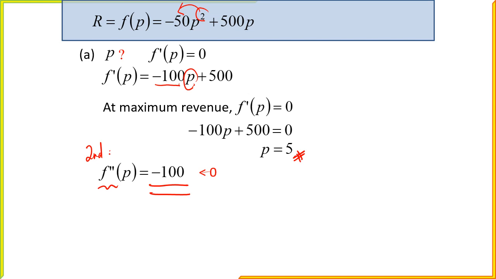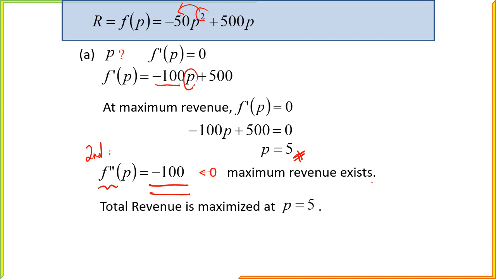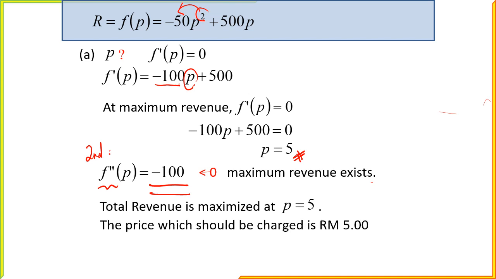If the second derivative is less than 0, it means that yes, it is a maximum point. So the maximum revenue exists when the price is equal to 5. Total revenue is maximized at P = 5. The price which should be charged is 5 ringgit. We have to look at the unit back from the question.